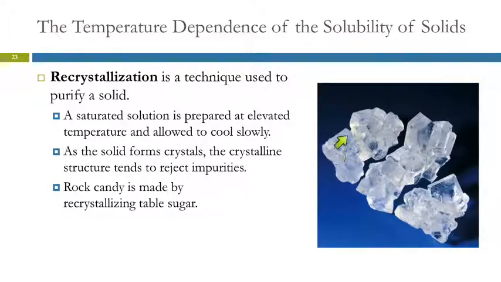That's an equilibrium process. And so you have, say, sugar molecules crystallizing, but you also have sugar molecules dissolving. And the things that dissolve are the ones that aren't in the right place. They didn't match up right, or you may have some impurities that are getting stuck in there, and those will tend to dissolve and not come back. And so you can get more pure crystals by recrystallizing.